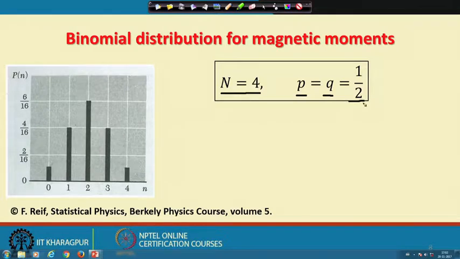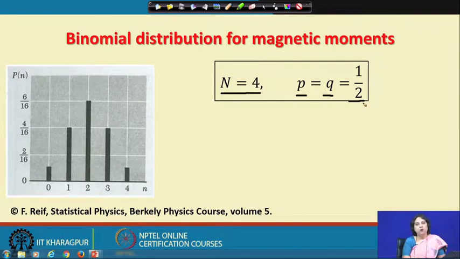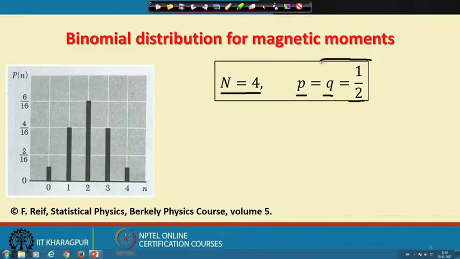It means that I am now considering the 4 spin half particles in the absence of any external applied field. As a result, there is no preference for any given orientation parallel or antiparallel to the field, and so p is equal to q and this value can only be equal to half. Now, let us have a look at how the binomial distribution for such a case would look.